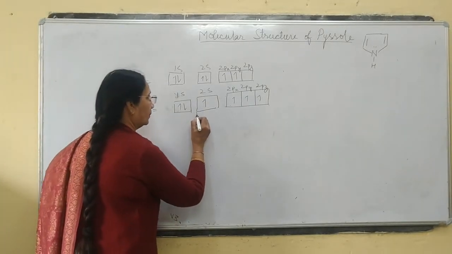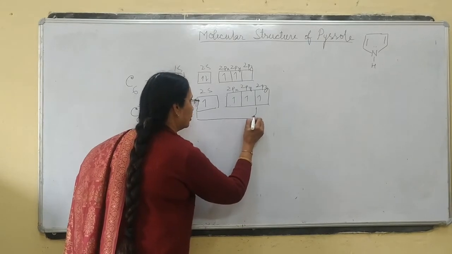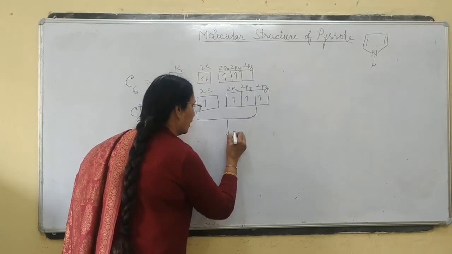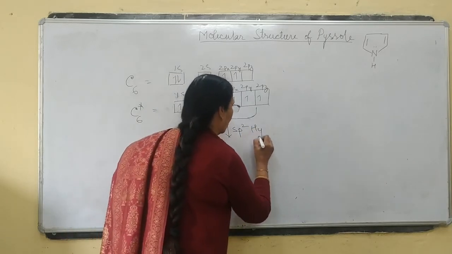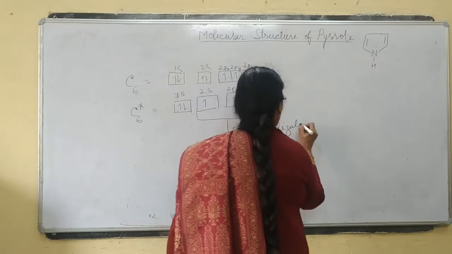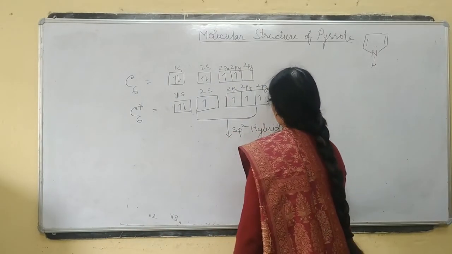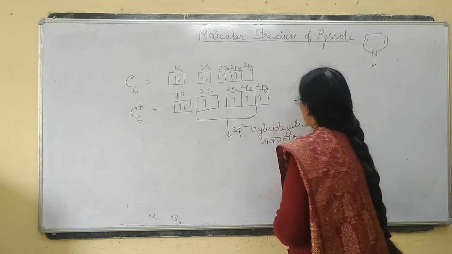These orbitals show hybridization, sp2 hybridization, or we can say they come into the hybridized state.